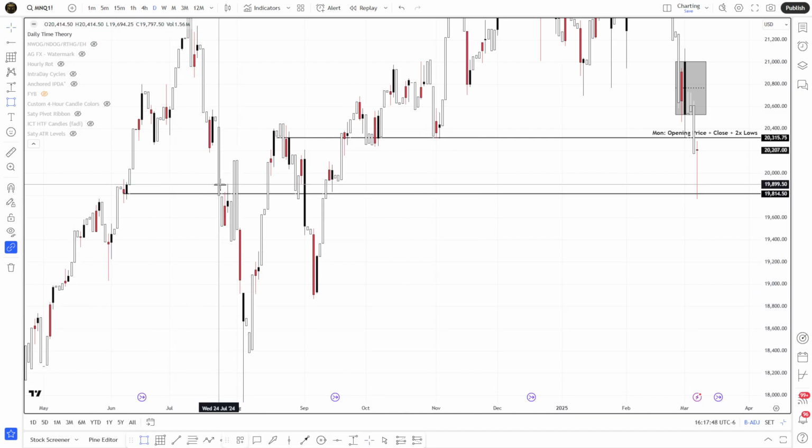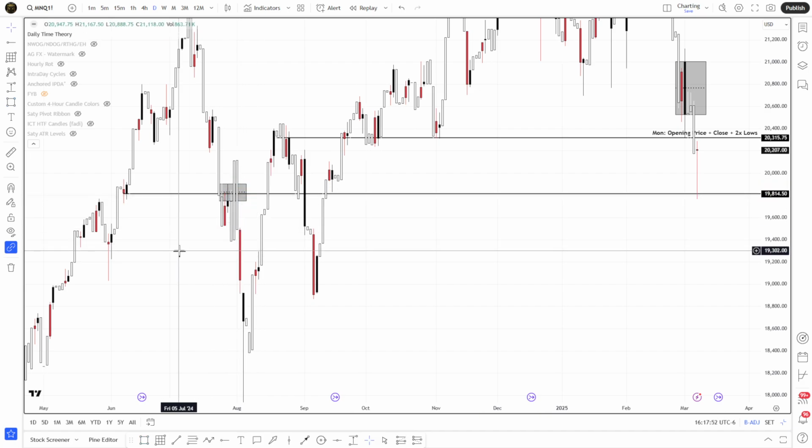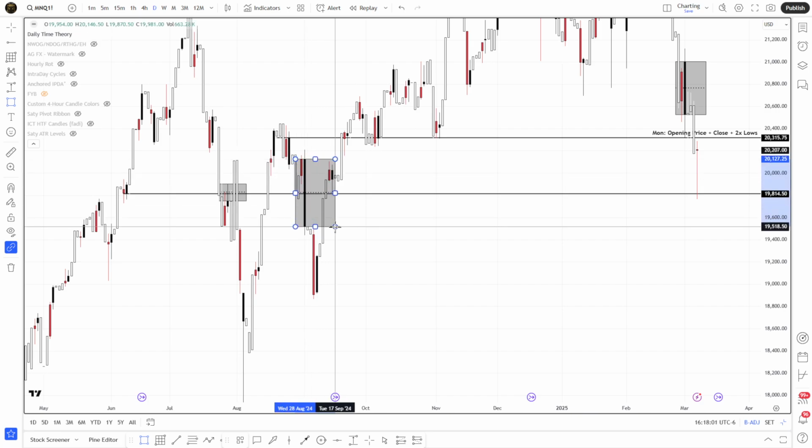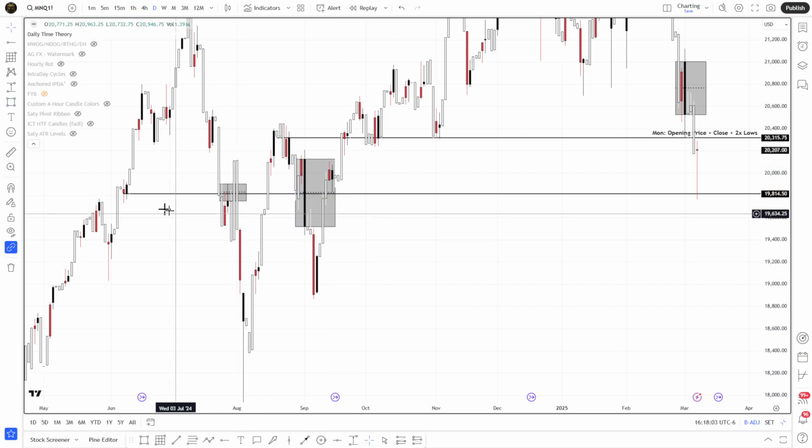Do we have confluence around this price? We're just going to measure stuff, see how closely related these other candles are. Looking at this opening price, you can see the CE of this wick sits right on top of it. Same thing right here, sits actually in between this CE and the top of this.